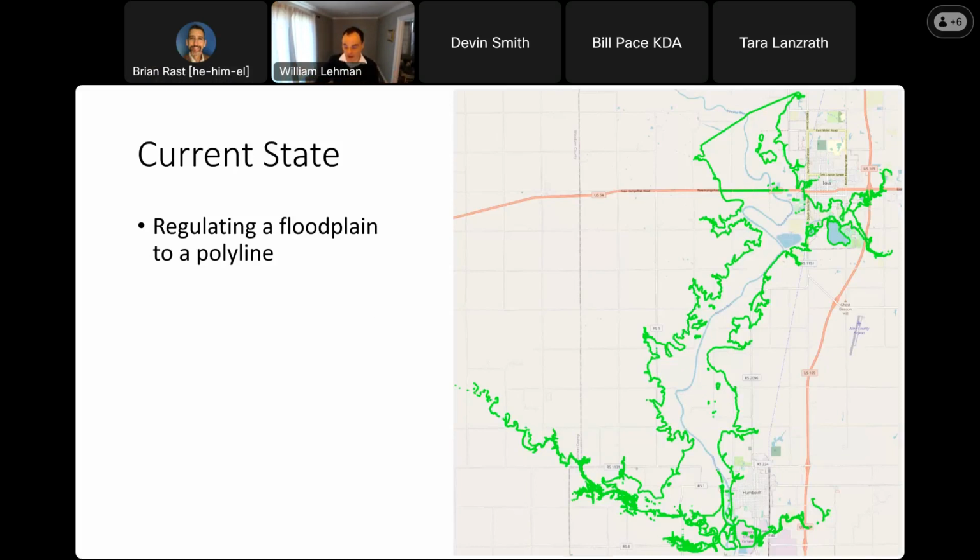There are rules about what development might go on in order to be a participating partner so that you can get NFIP participation. There are rules that are useful, but that doesn't necessarily solve all our problems when it comes to floodplain management.